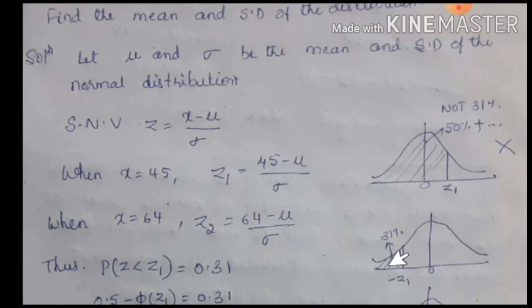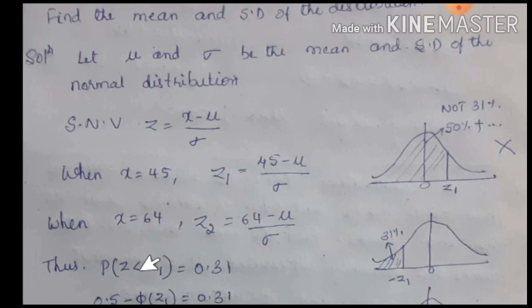The left side of the z equal to 0 line is an area of 50%, so 31% comes under 50%. So the line of z1 I have taken is correct. But make a note here: z1 comes on the left side of the line of z equal to 0, hence the z1 value you get, you have to take a negative sign for that.